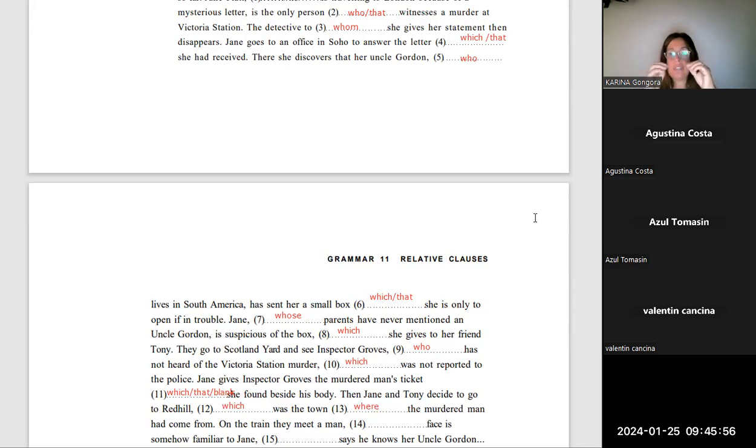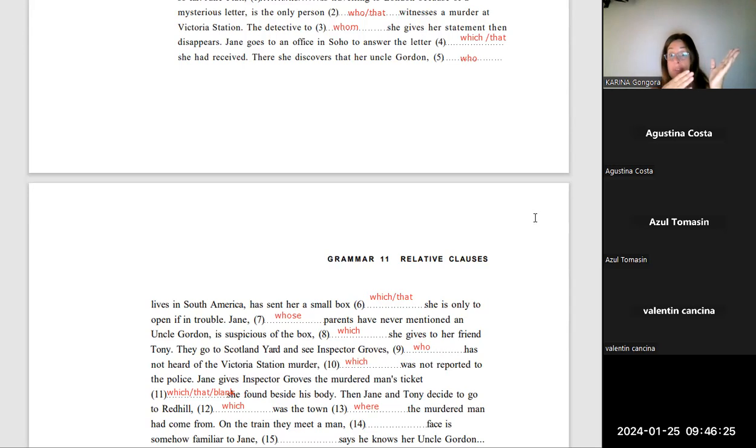Remember, I always say this, sometimes we can treat a place as an object. If you're saying, for example, that Paris is beautiful, you say, "which is a beautiful city." But if you're saying that something happened here in Paris, you're going to say "where." So, for example, the Eiffel Tower is in Paris.